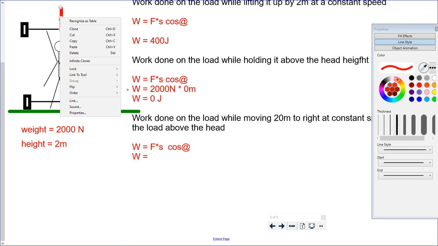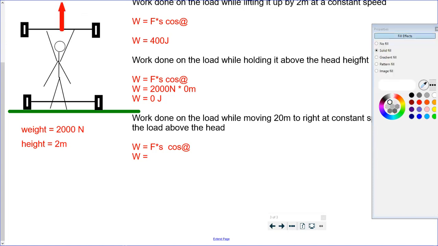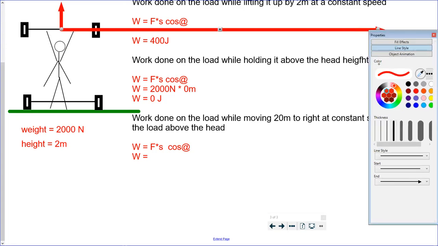Why? Because the force and displacement are at 90 degrees, so cos 90 is 0. Is that clear, Fatma? Yes. So that's what's happening here. Although we are exerting force, although we are moving some distance, the force and the distance are at 90 degrees. So that's why the work done will be 0.